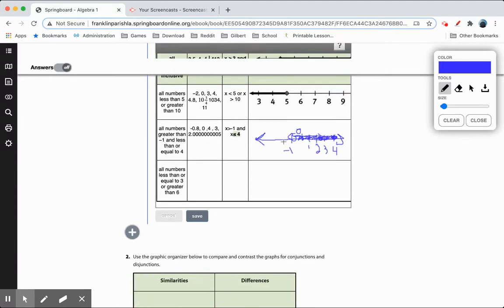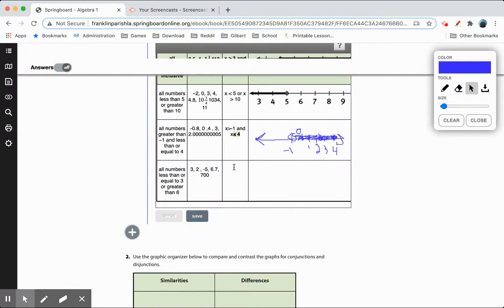All right. Next, all numbers less than or equal to 3. It includes 3. It could be 2. It could be -5. Anything less than or equal to 3 or greater than 6. So not including 6, but greater than 6. 6.7, that'd be fine. 700, that's fine.